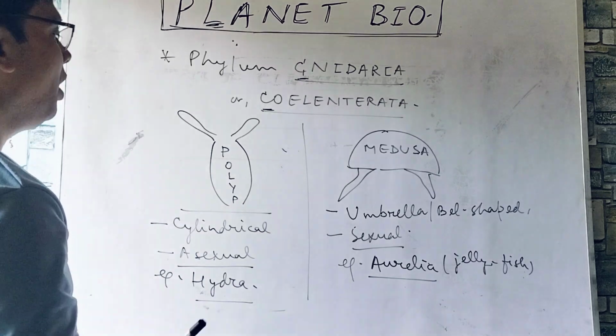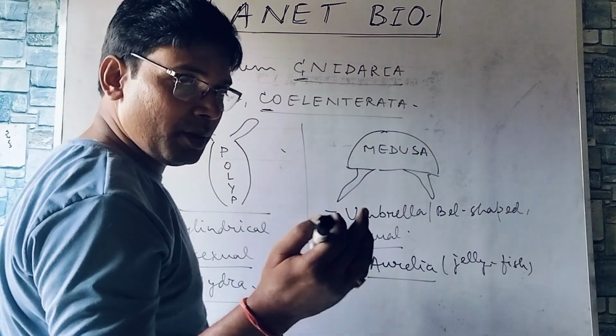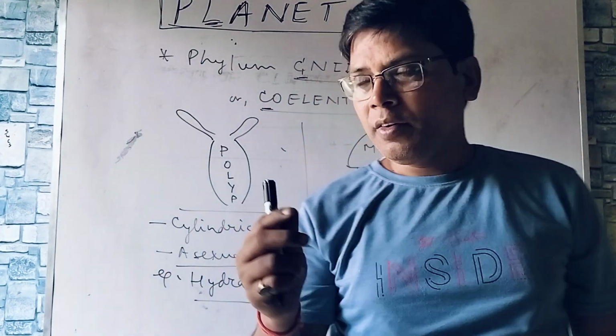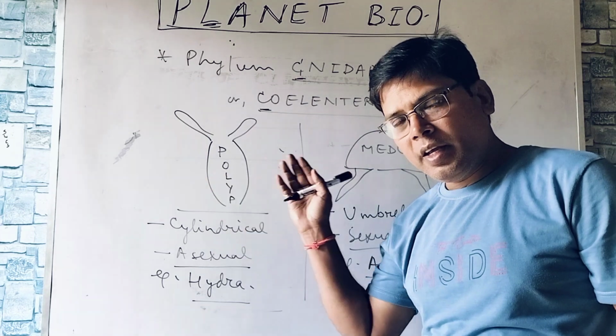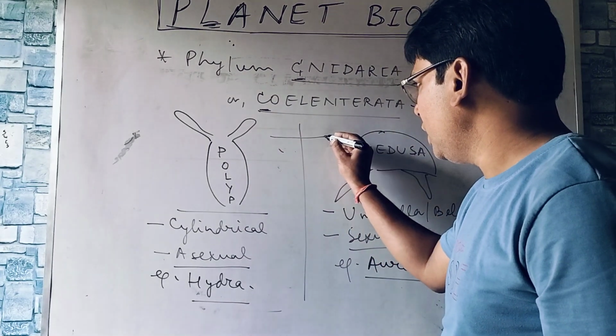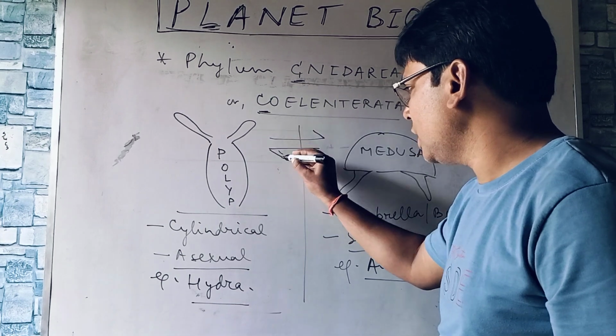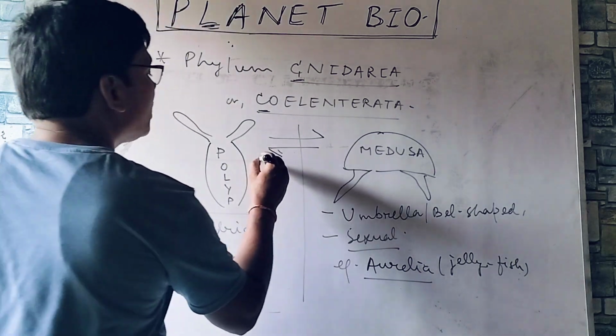Aurelia. But sometimes you can find that there is an animal or an example which shows both these stages in a single life cycle. Polyp is also seen, Medusa is also seen, and this happening is called metagenesis.